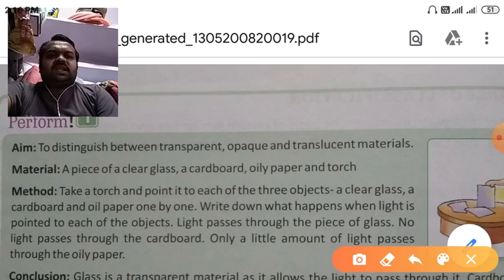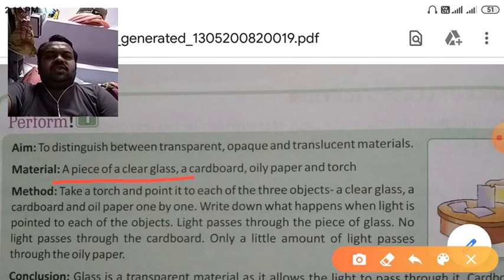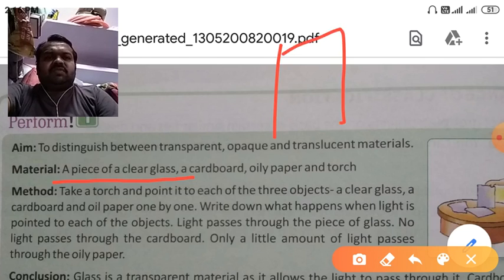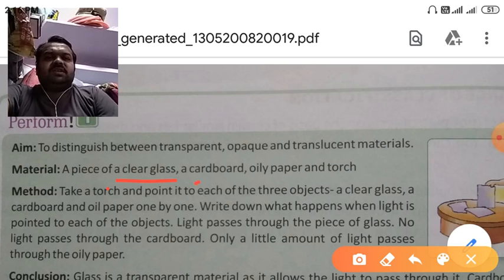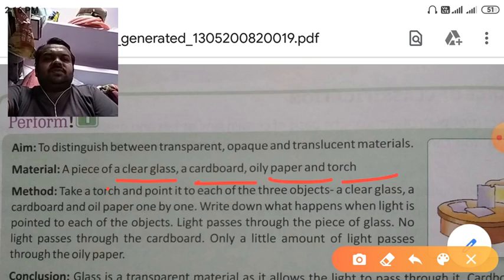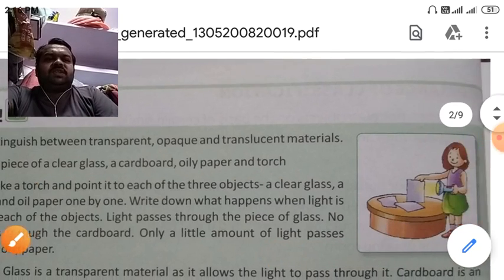The materials required are a piece of clear glass, a cardboard, oily paper, and a torch. So what will you do with these things?